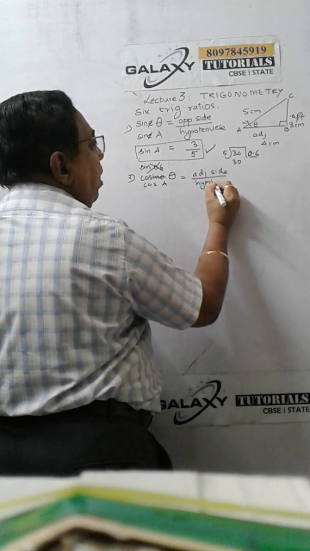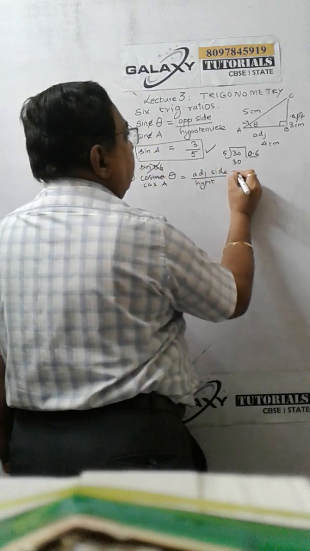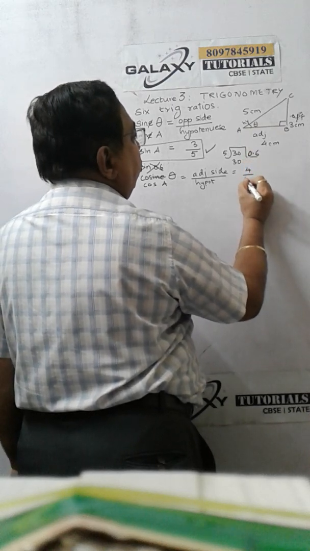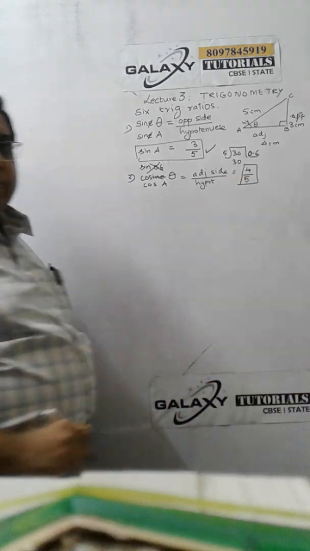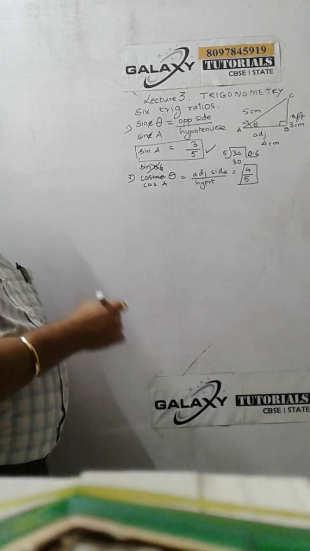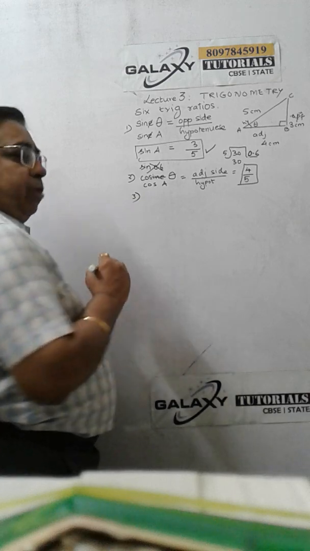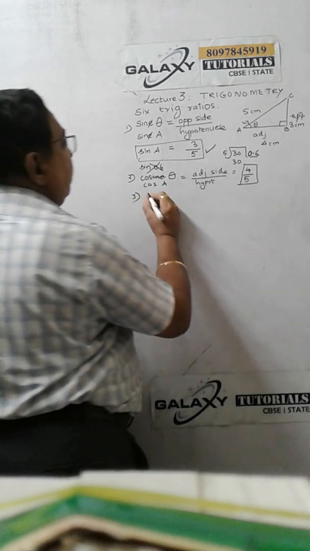From my triangle, the adjacent side is 4 and hypotenuse 5. This is my answer for the exam. They give you 1 mark only to write this much. So you should remember, this is not a waste of time. This requires that you should know which sides to take. Again we will revise. I will tell you how to remember, I will give you a mnemonic.